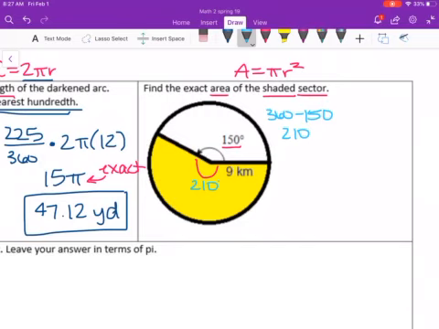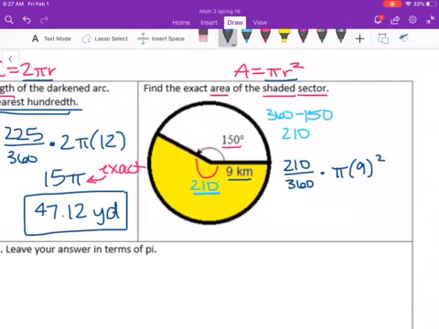So we're going to be using the 210 in our setup to find the area of the sector. So in this case, it's 210 over 360 times, and since it's area, it's pi r squared. And our r is 9, so pi 9 squared.